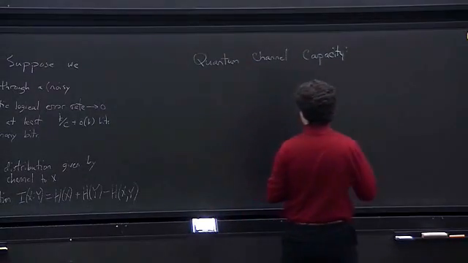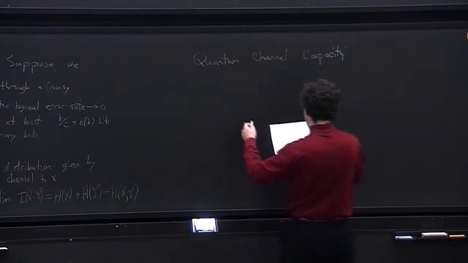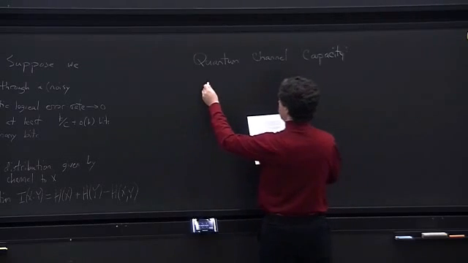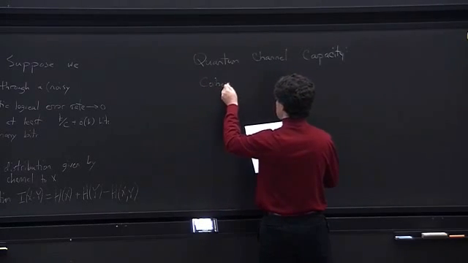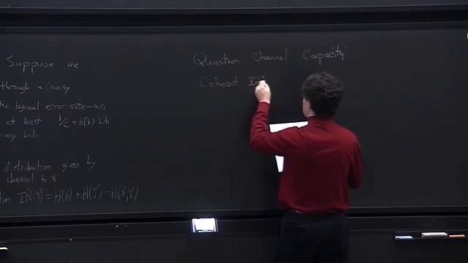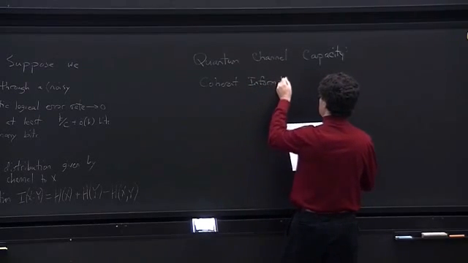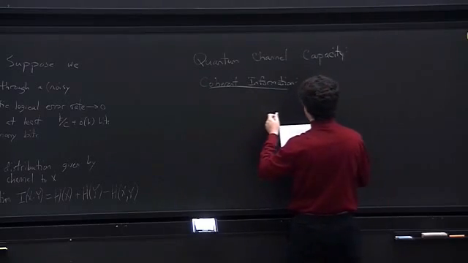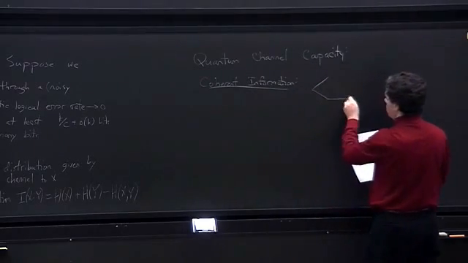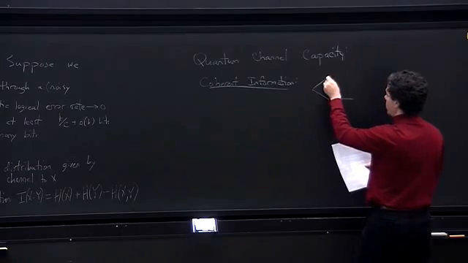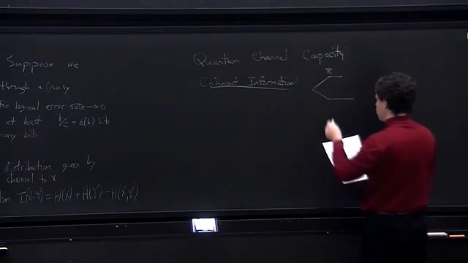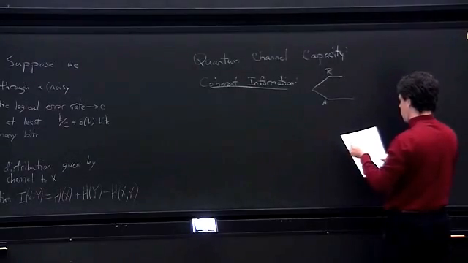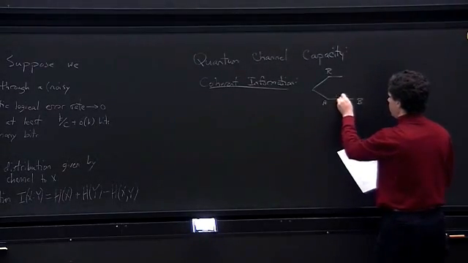So the thing we want to do is define the coherent information. Again we have this picture where we're sending something through the channel, and we have a reference system R. This is the noisy channel.